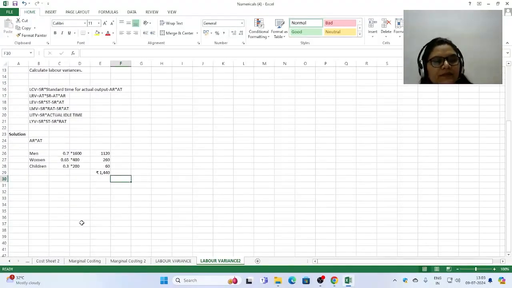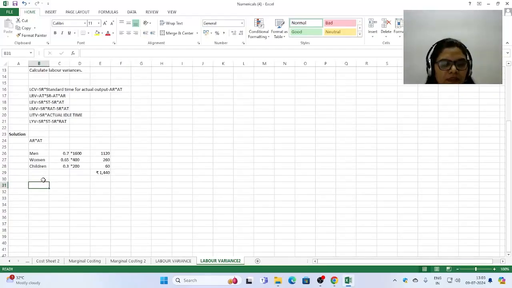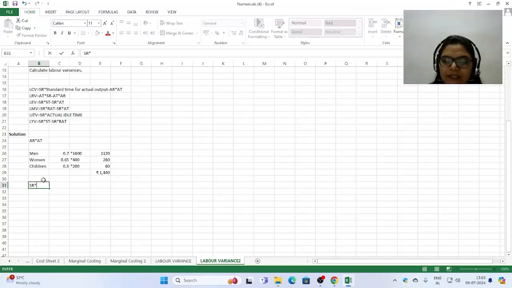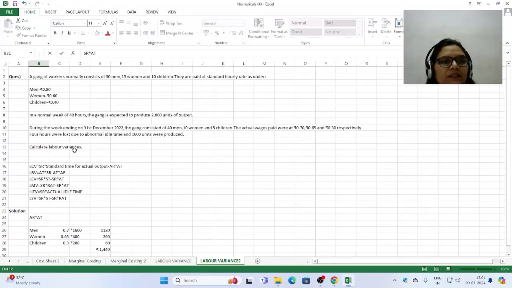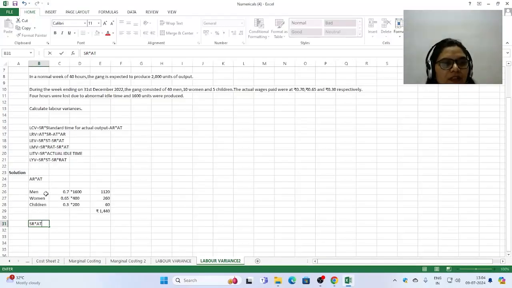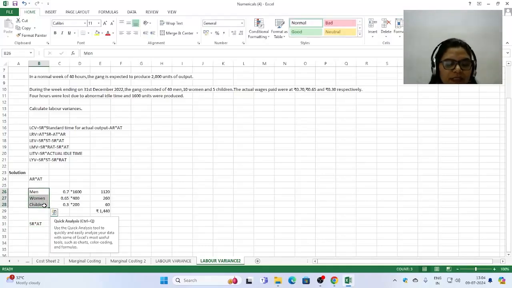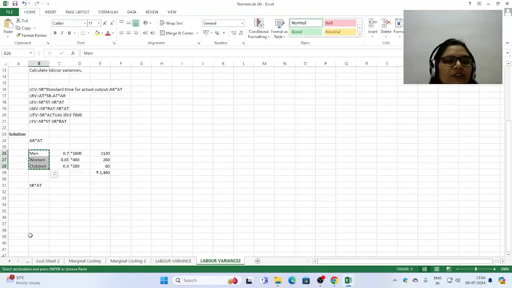Next is standard rate into actual time. If we can see, it is required in solving the question. Now, how do we calculate standard rate? It is given. Again, we will do this calculation separately for men, women, and children.